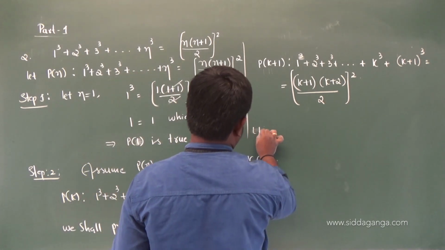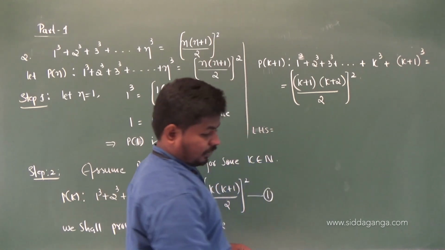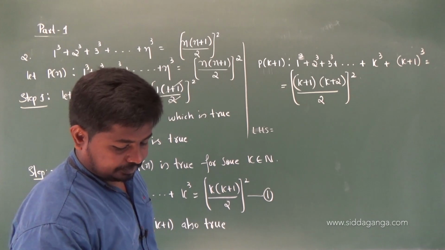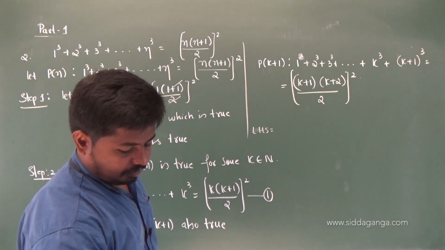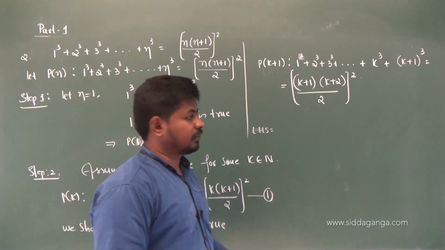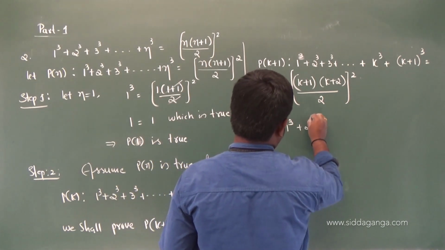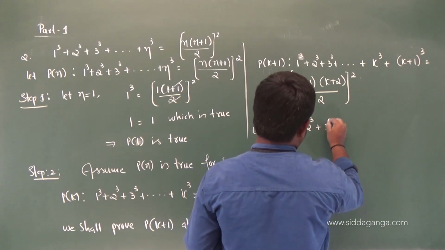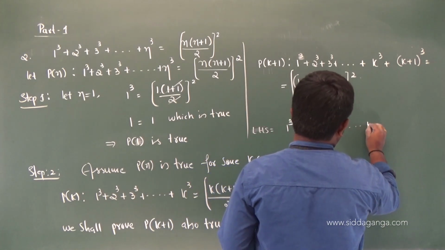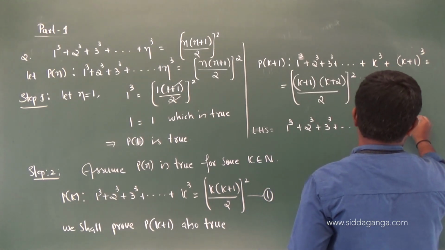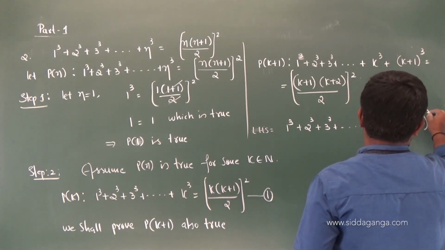LHS is 1 cube plus 2 cube plus 3 cube plus k cube plus k plus 1 whole cube.